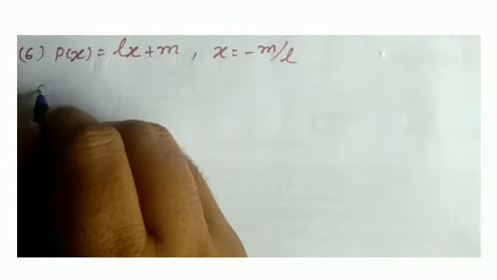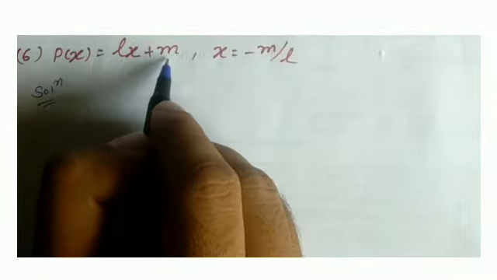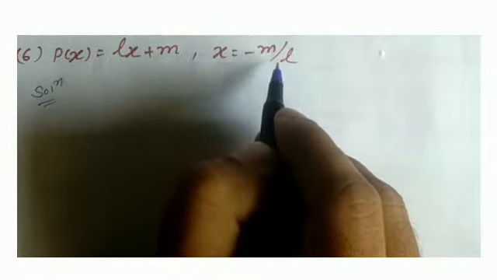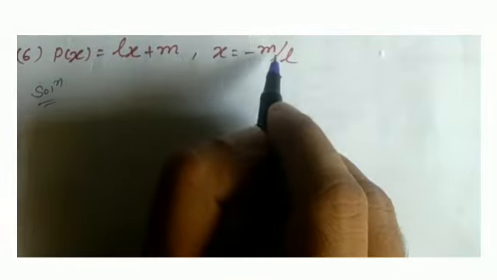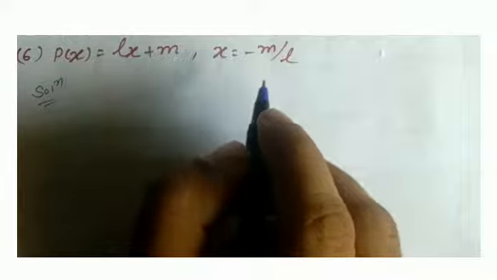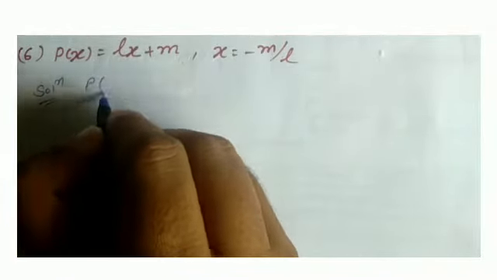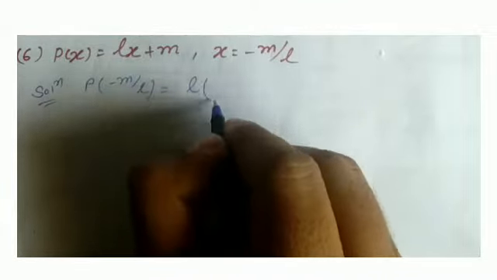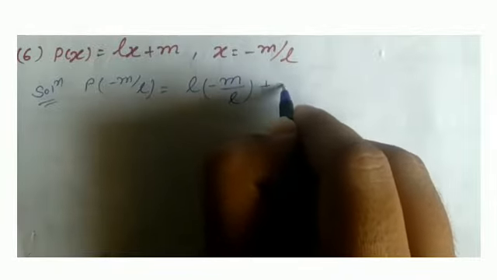Now sixth one is P of x is equal to Lx plus m, x is equal to minus m upon L. So here we need to take value of x is equal to minus m by L and verify it is a zero of this polynomial. So P of minus m by L equal to L into minus m by L plus m.